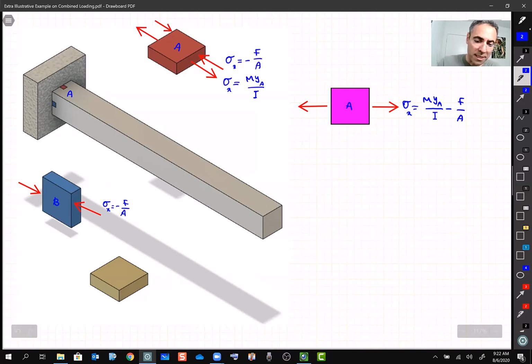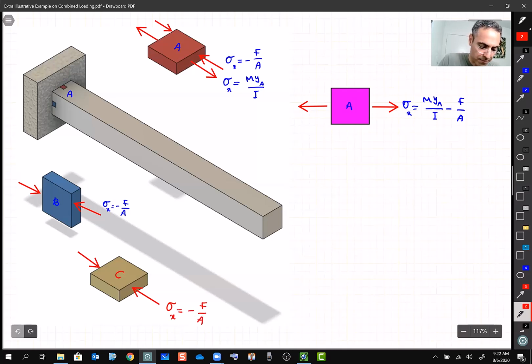What about point C? This is where it gets interesting. Point C, from bending in example 2, we learned is under compression, and the compression is minus My over I, right?